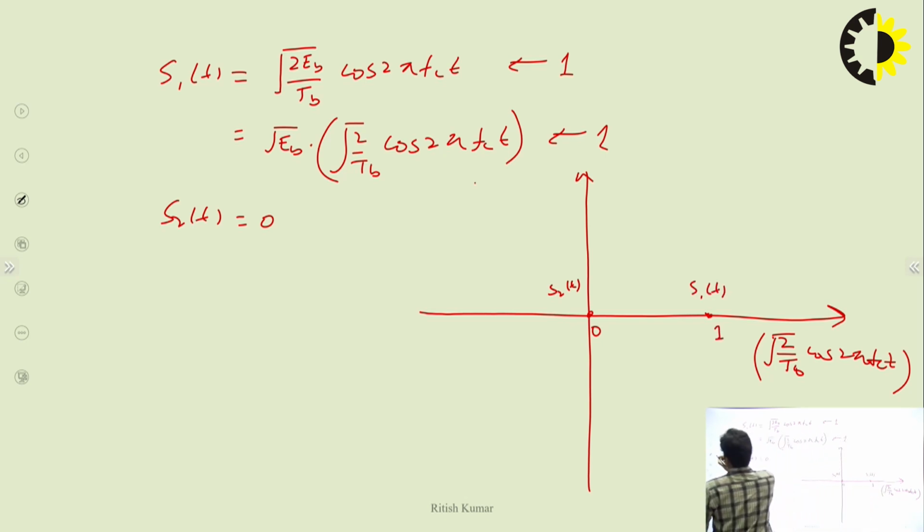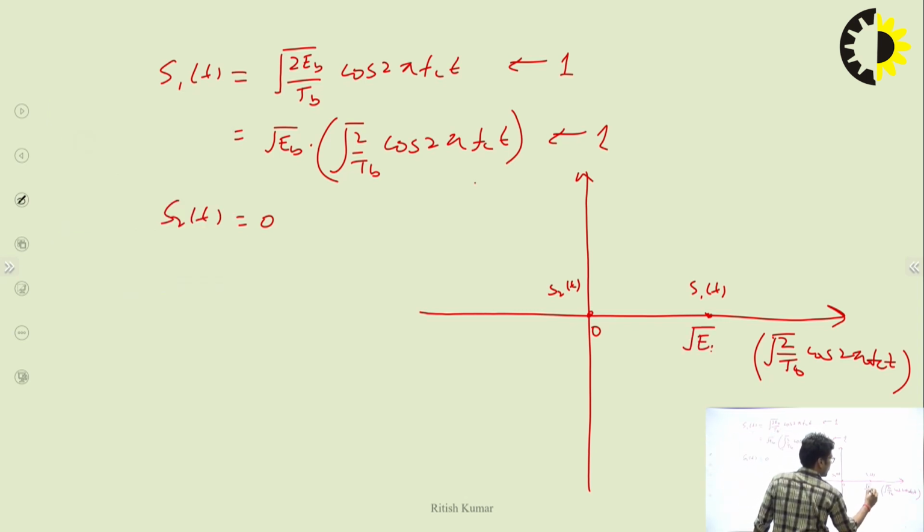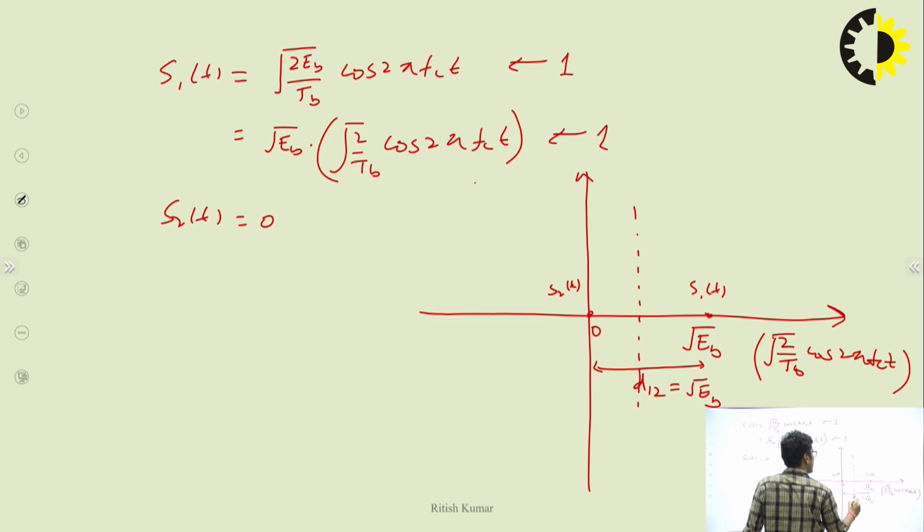What should be the energy here? Under root Eb. So the distance between the two transmitted points, for 1 or 0, is under root Eb, represented as D12 equal to under root Eb. For the boundary condition, we take the average of these two points, that is under root Eb by 2.